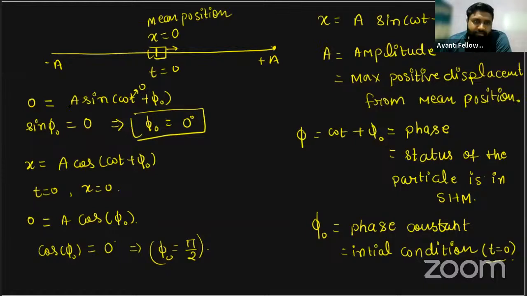This equation shows 0 at pi by 2, or 90 degrees, which means the particle has already traveled something, because the phase constant is not 0, which means it has already covered pi by 2. Okay, so that is why we have written it like this.